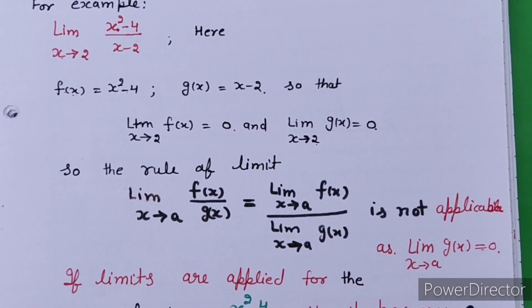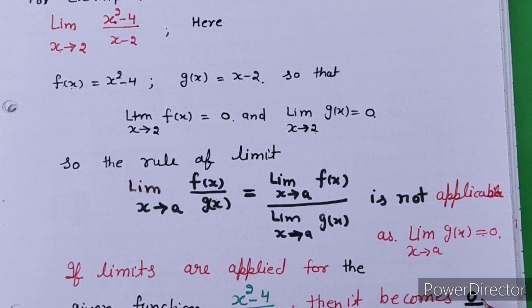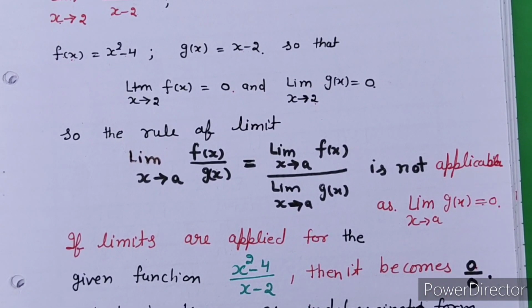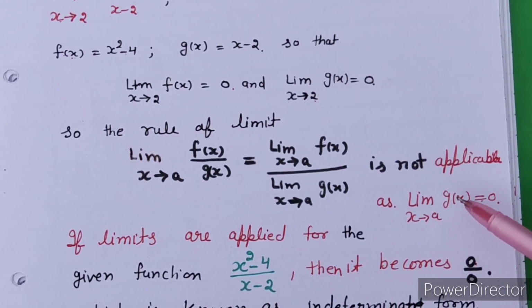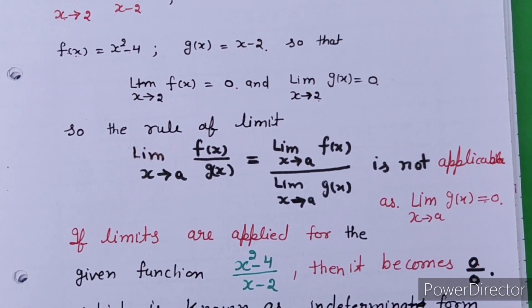Okay, so if the limits are applied for the given functions, it becomes a 0 by 0 form. So this form is known as indeterminate form, and we can't directly apply the rules of limit. In that case we need some further calculations.